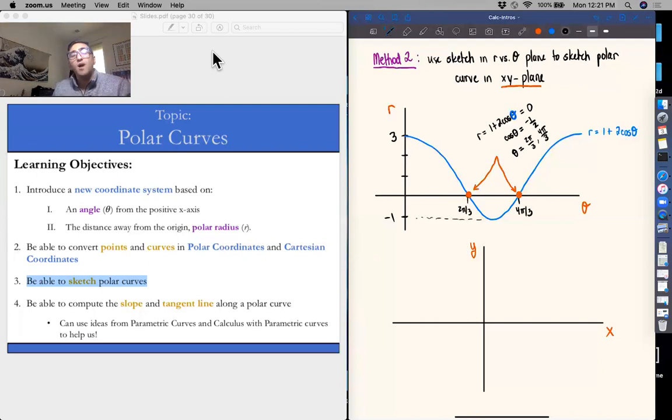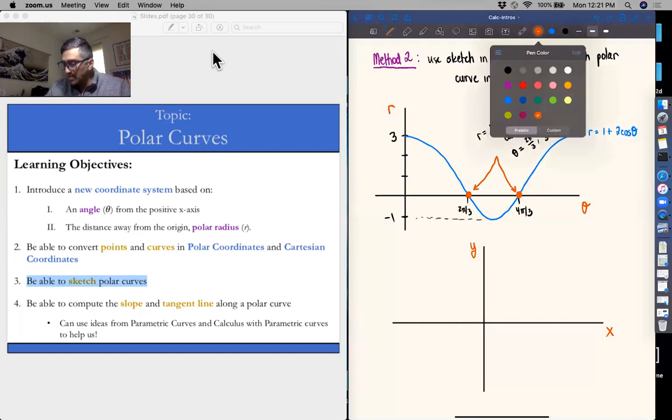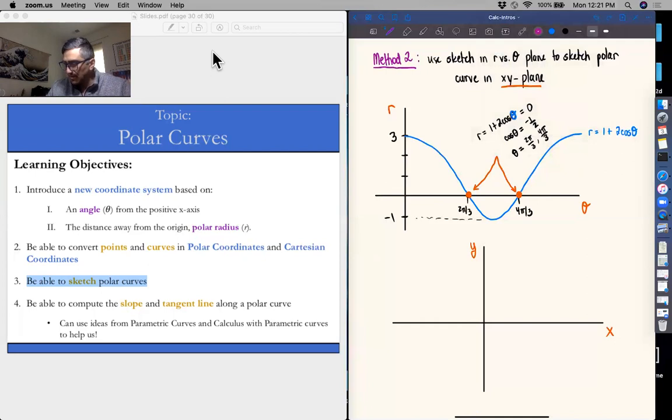And one of the reasons why I like doing it this way is there are some special conclusions we can draw about r from this plot in the r-theta plane. So for example, between an angle of 0 and this angle of 2 pi over 3, we can see what r is doing.